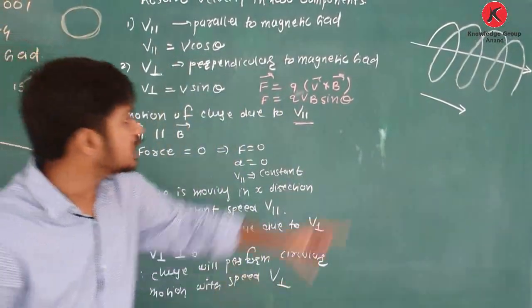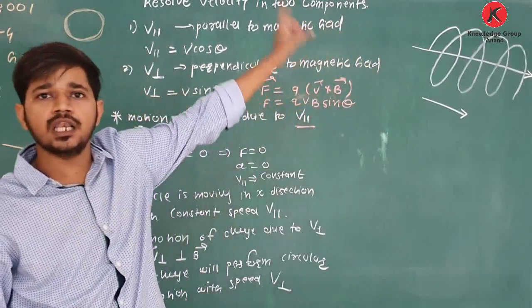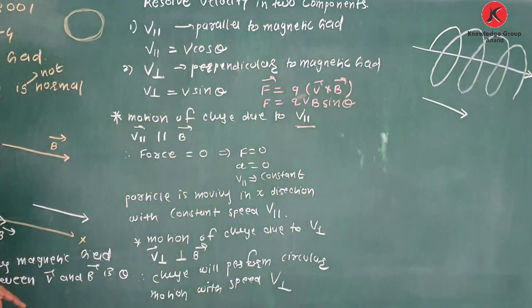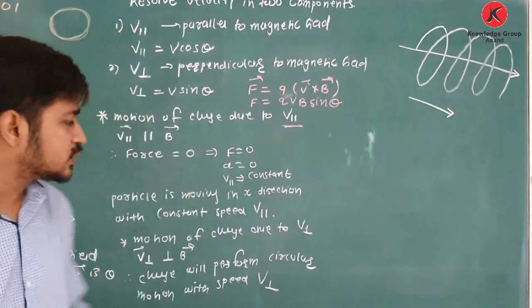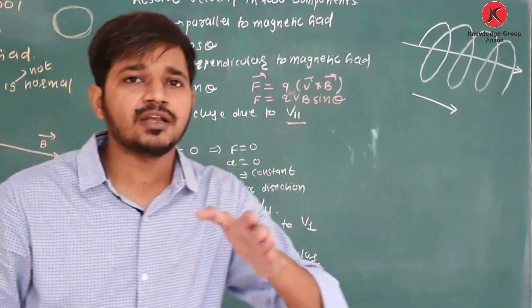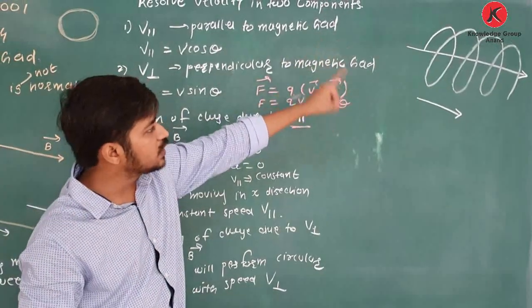The resultant of this is helical motion. So remember, students, when the magnetic field and velocity are not normal to each other, meaning velocity has components parallel and perpendicular to the magnetic field, it will perform helical motion.